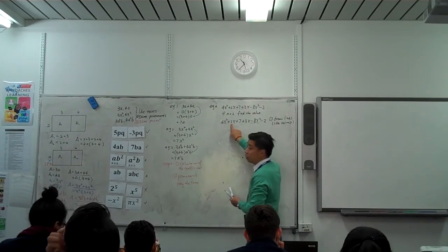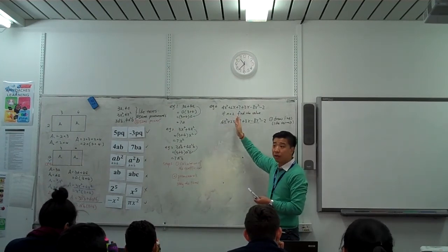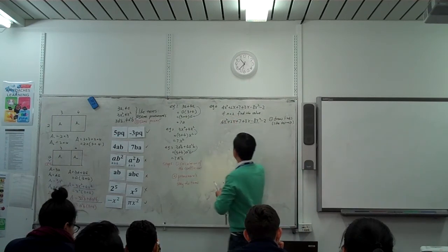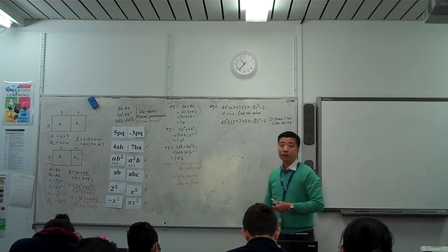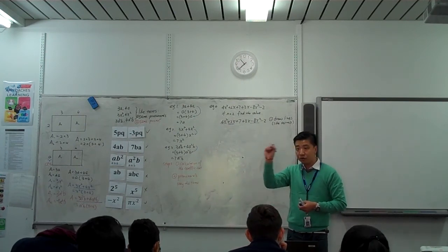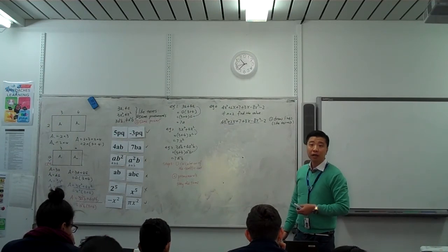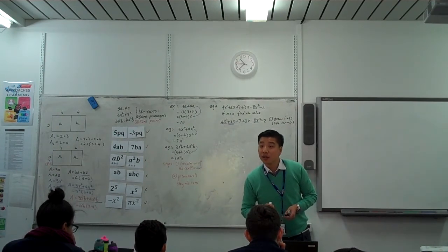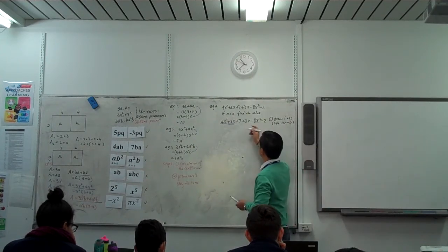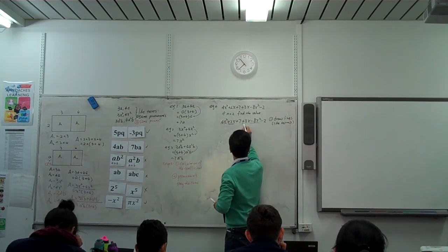Have a look at this one. 2x squared. Is that 2x squared or negative 2x squared? Good. Now we draw two lines. How about the like terms? 3x, very good. Are there any negative signs? No. So include the sign.